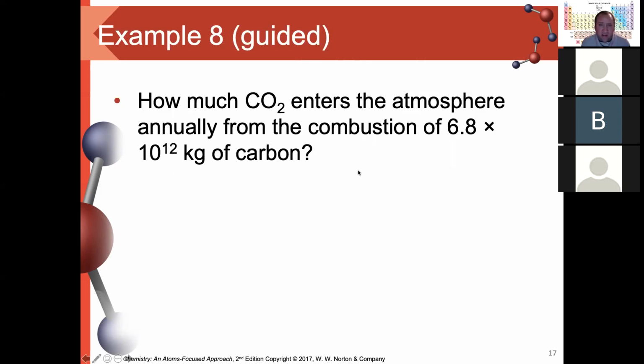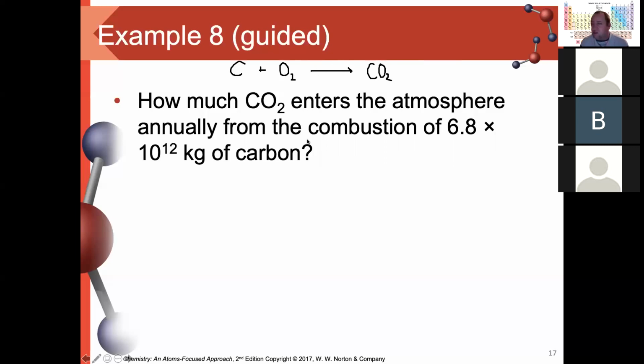Now, to answer this question, again, we're going to need to have a balanced chemical equation. This one's a good bit easier than some of the other ones that we've been dealing with. I've got carbon reacting with oxygen to make carbon dioxide. And so I don't need to do an atom economy or anything. I can just look at this and go, okay, I've got one carbon on each side.